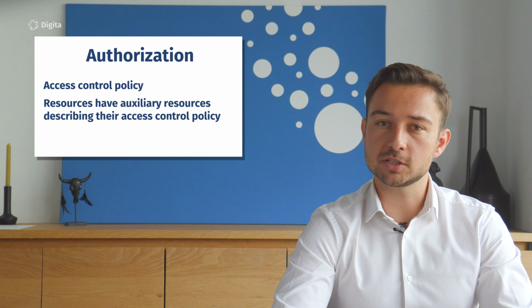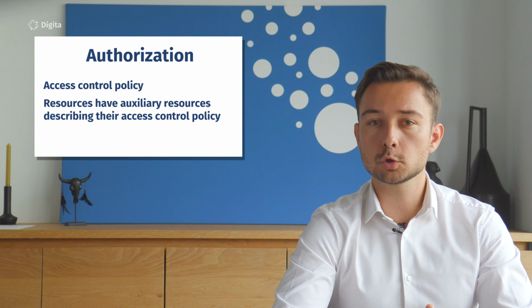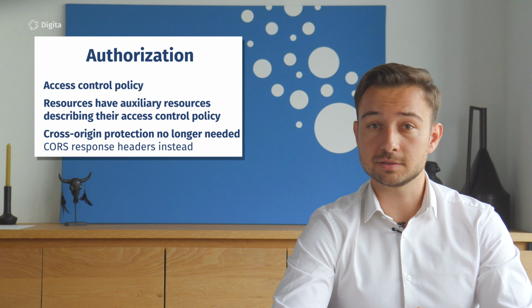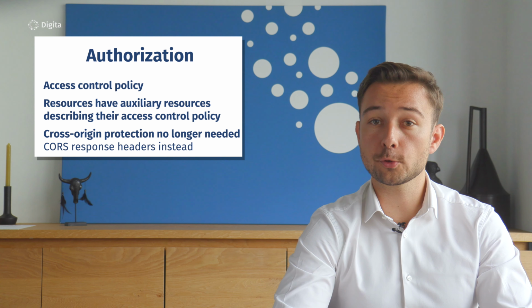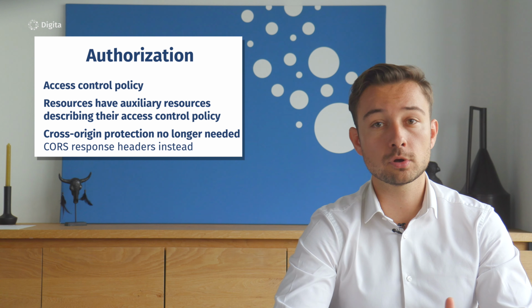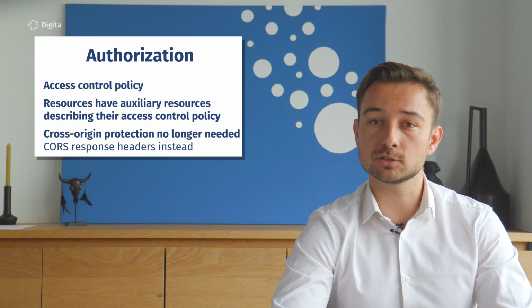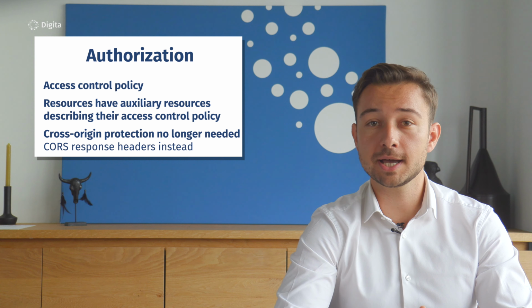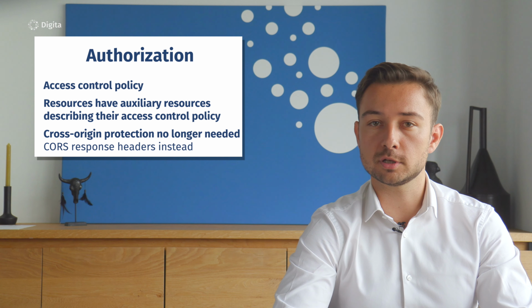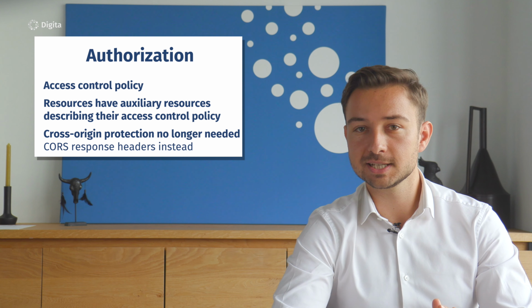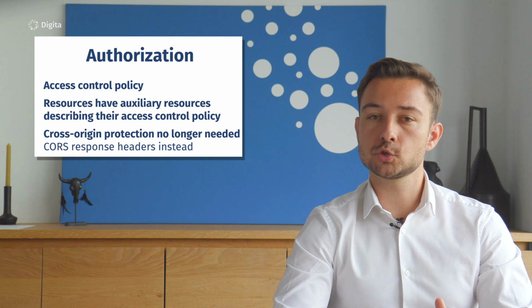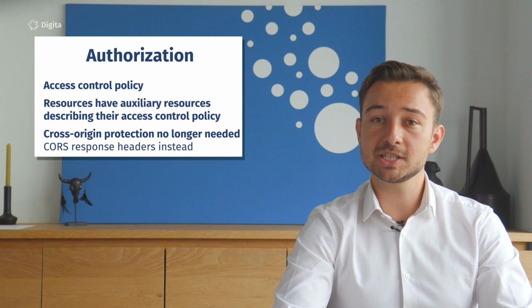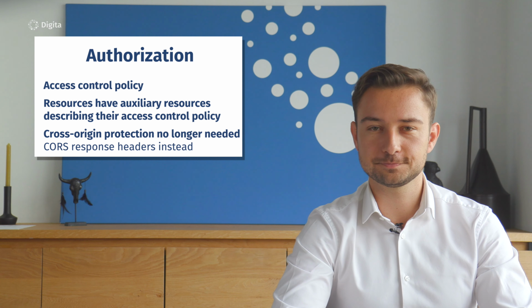Because Solid applications by design are not bound to specific servers, Solid pods disable this protection using cross-origin resource sharing or CORS, indicating that cross-origin requests are allowed via HTTP response headers. Instead, the access control policy makes sure that unpermitted applications cannot interact with the Solid pod.